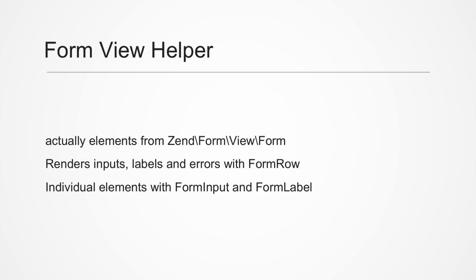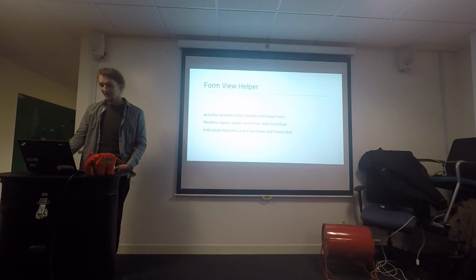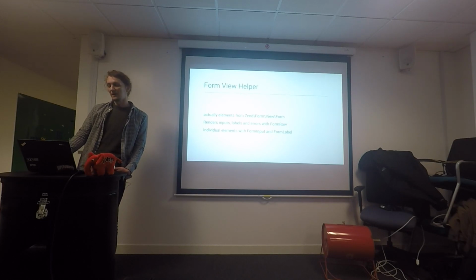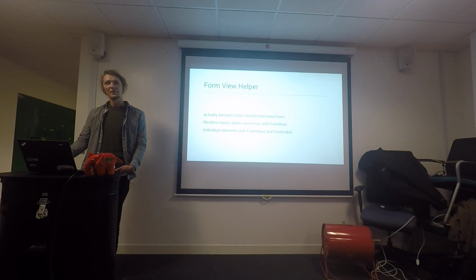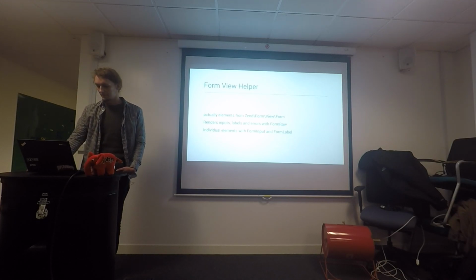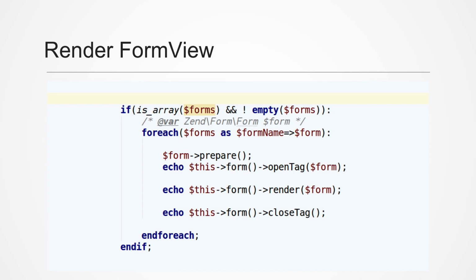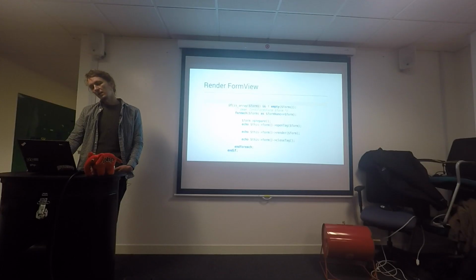I mentioned the form view is part of the Zend Form package. It may render for us error messages, inputs, labels, rows, which is label and input and messages. This is an example in a template.